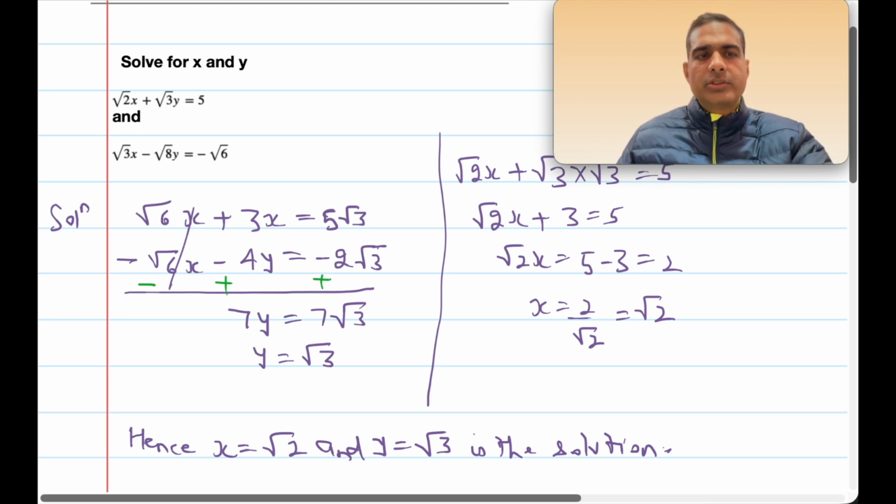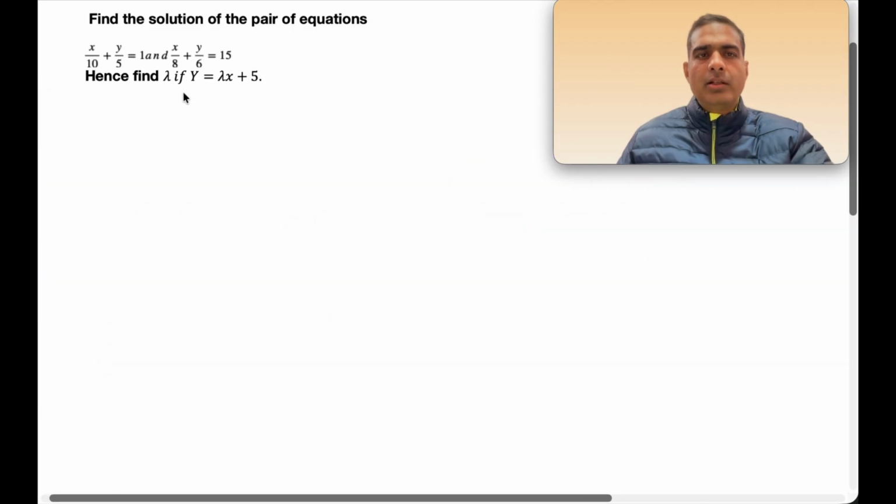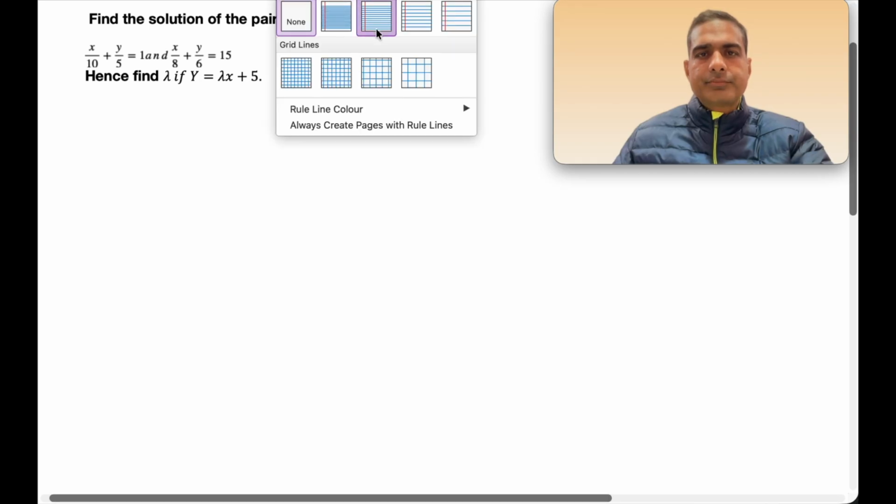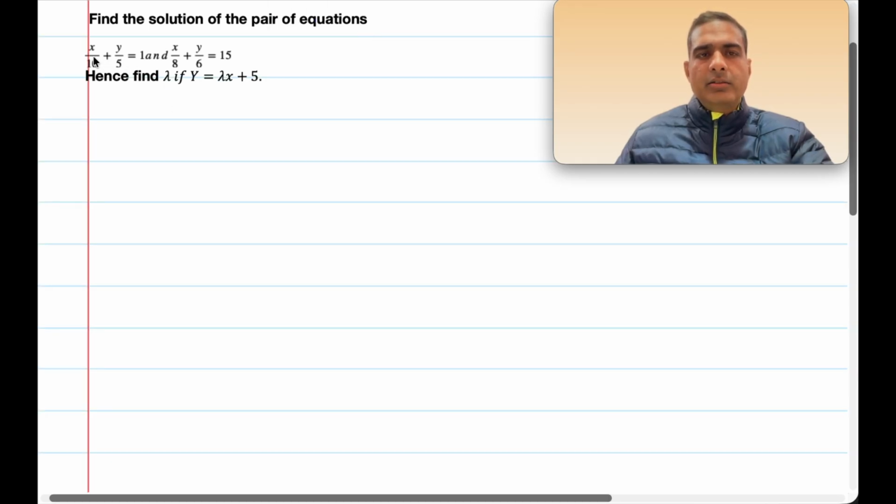Now moving to question number 4. So this is also a similar type of question. And here the coefficients are fractions. So I took this question just to make you comfortable with fractions, and we will not be dealing with fractions.